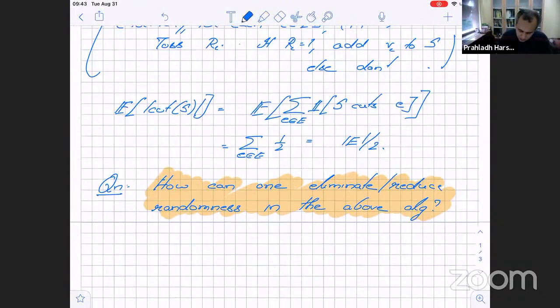The first technique I'm going to talk about, technique 1, is what I'm going to call enumeration.